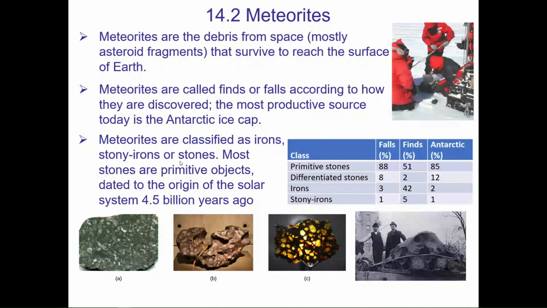The stony type meteorites are believed to be primitive objects dating to the origin of the solar system about 4.5 billion years ago. The most primitive stony meteorites are what we call carbonaceous meteorites, and this is an example of one. They may date back to even before the formation of the solar nebula.